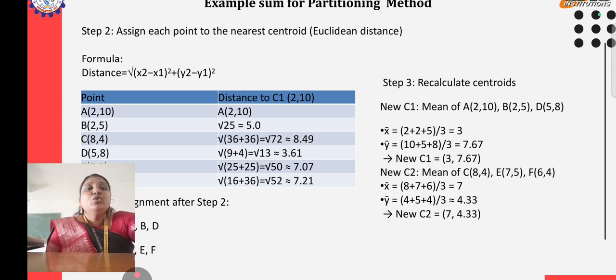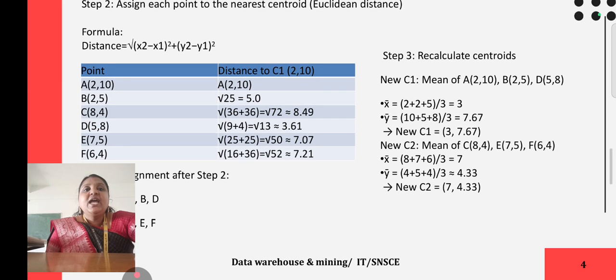With the help of Euclidean distance we calculate. The formula for the Euclidean distance is the square root of (x2 minus x1) the whole squared plus (y2 minus y1) the whole squared. Here we take all the points and calculate the distance with the above formula, and the solution is given here. For point A, 2, 10 is taken, and the distances to 2, 5 and 8, 4 have been calculated.